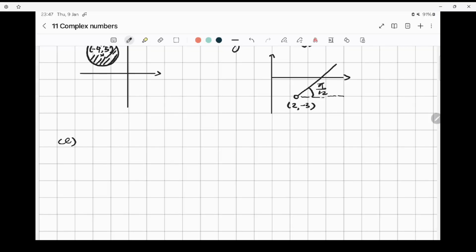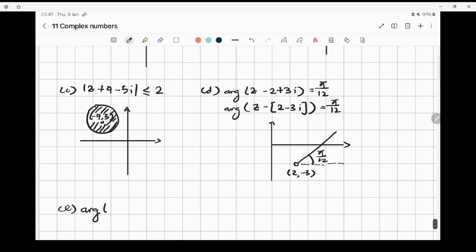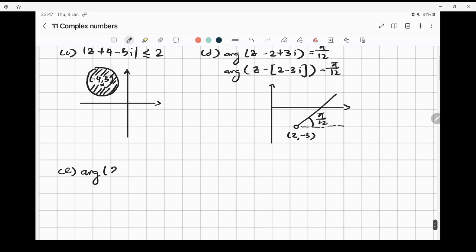Now let's look at the argument of, let us do this, 2 minus 3i minus z.